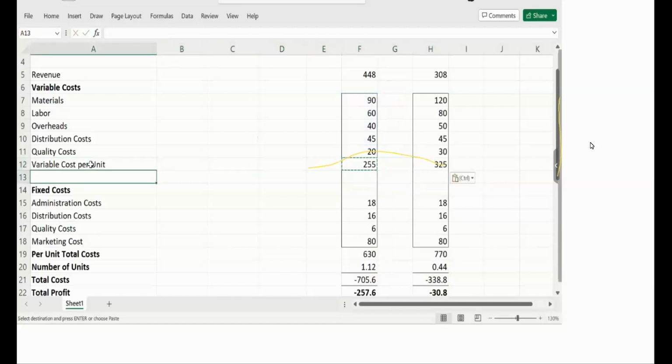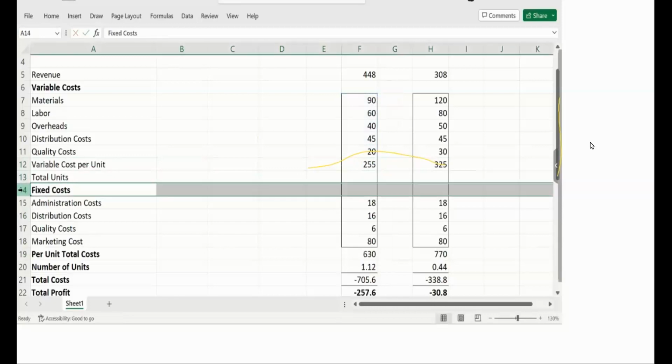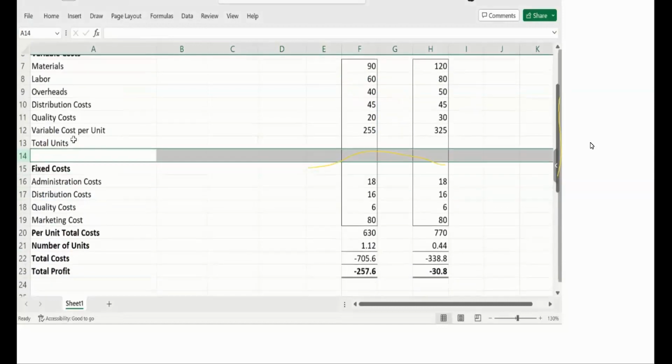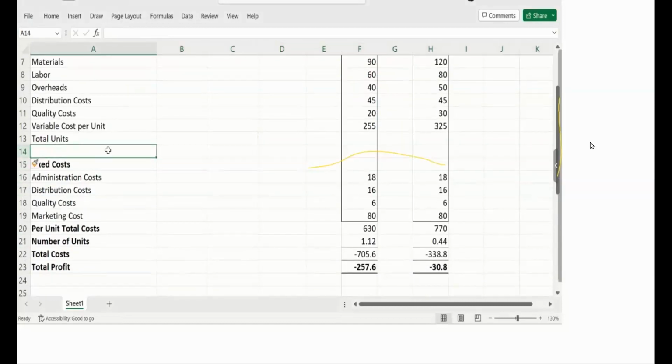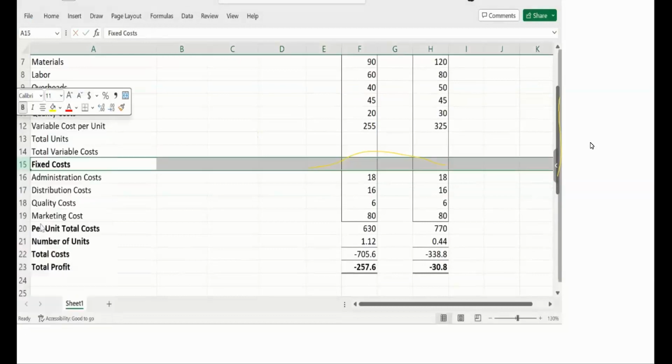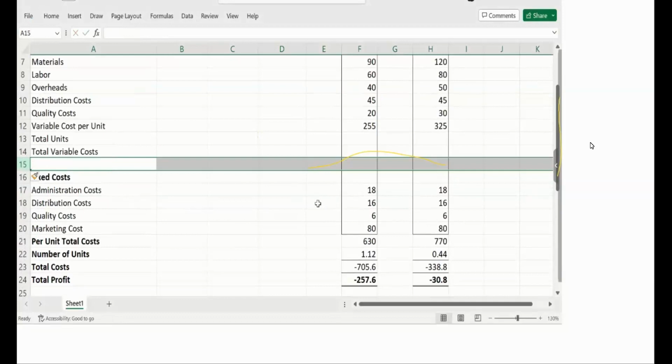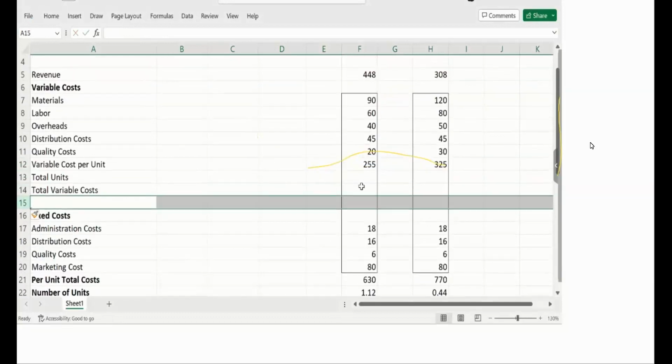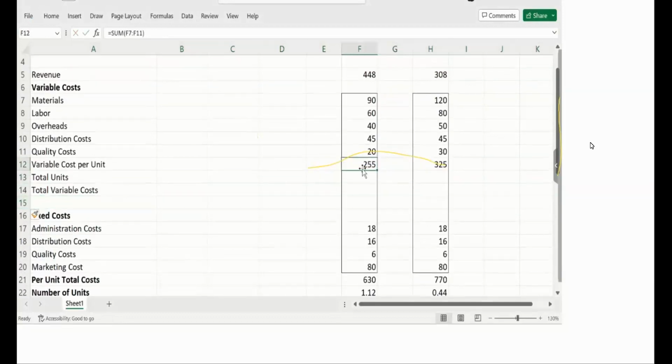Okay, and then what you have is that you've got total number of units. Total units. Total variable cost. So this is the variable cost per unit.